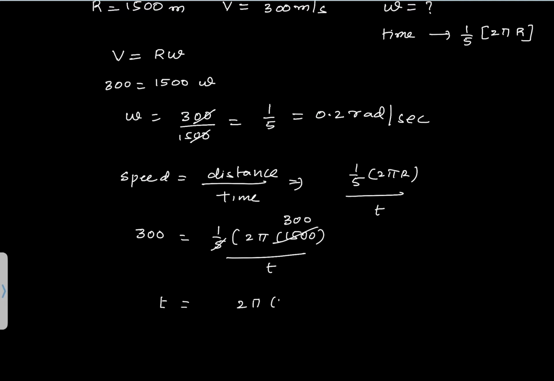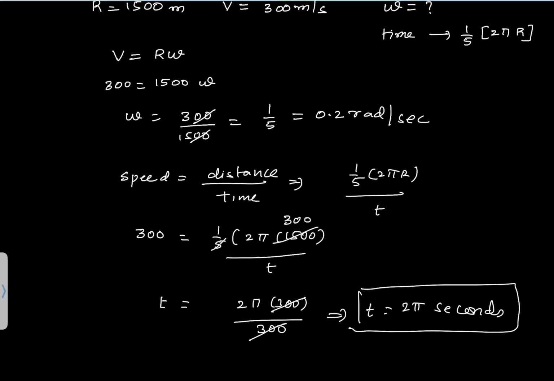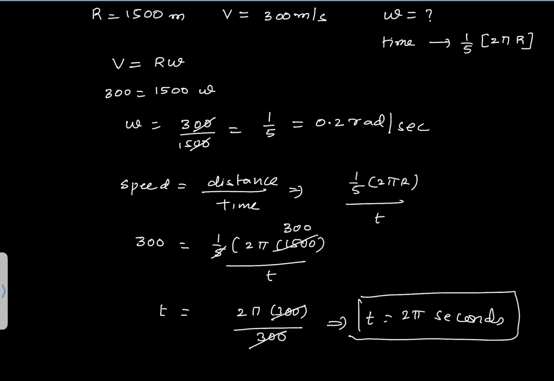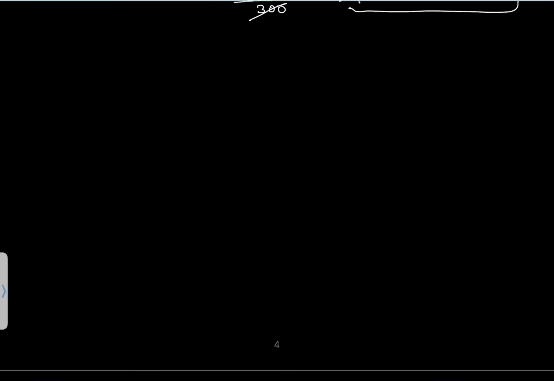So 2 pi into 300 divided by 300. I can cancel 300. So finally I'm getting t equals 2 pi seconds. Okay, so this is how you can solve this question. Let's move to the next numerical.